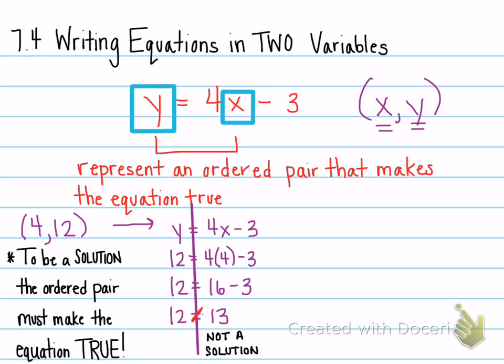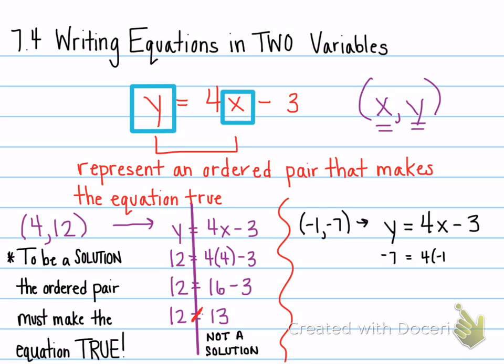All right, let's try another one. Let's try the ordered pair -1, -7. Okay, so again, it's y equals 4x minus 3. In this problem, my y is -7 equals 4 times -1 minus 3.